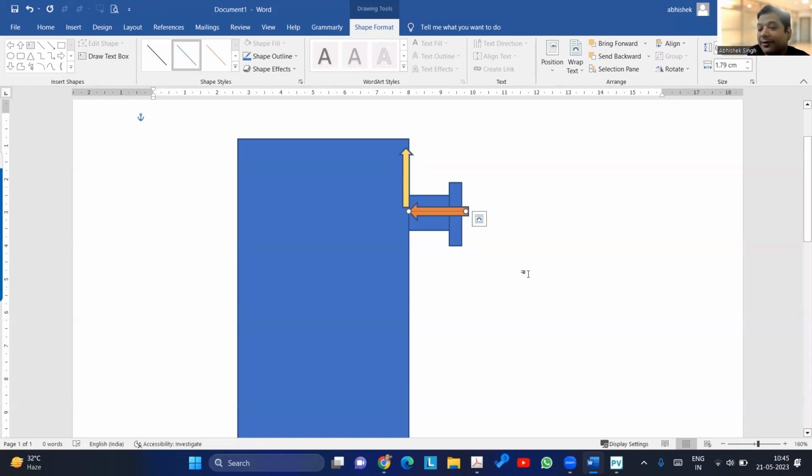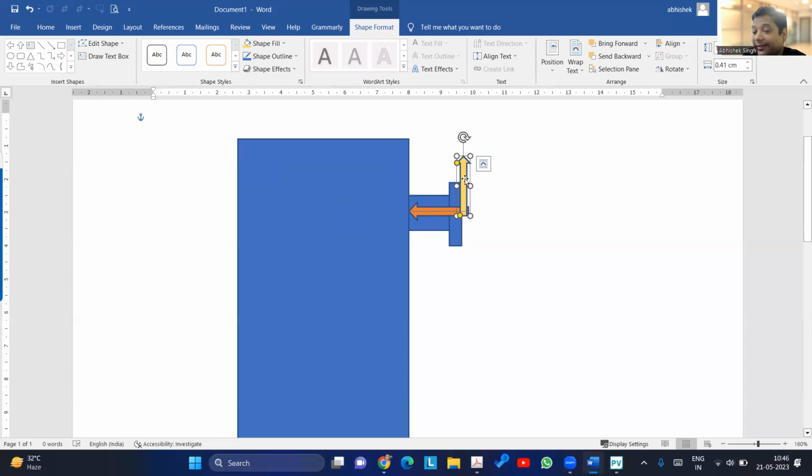See, finally, what we have to do, we have to balance, right? So when the load is here, it is creating a moment at this location, about this nozzle, in the counterclockwise direction.